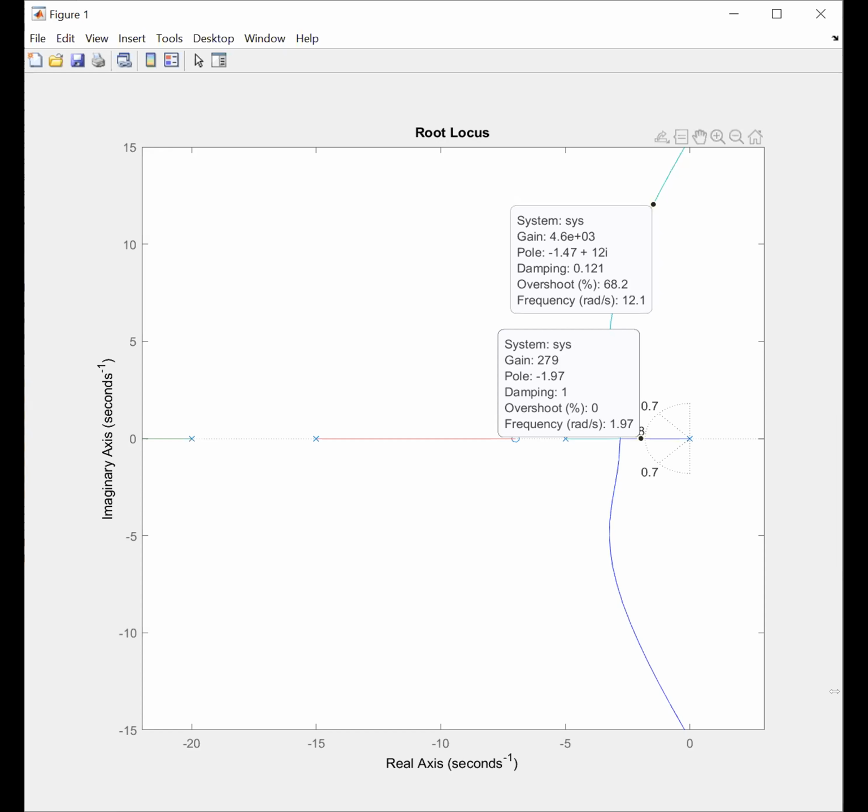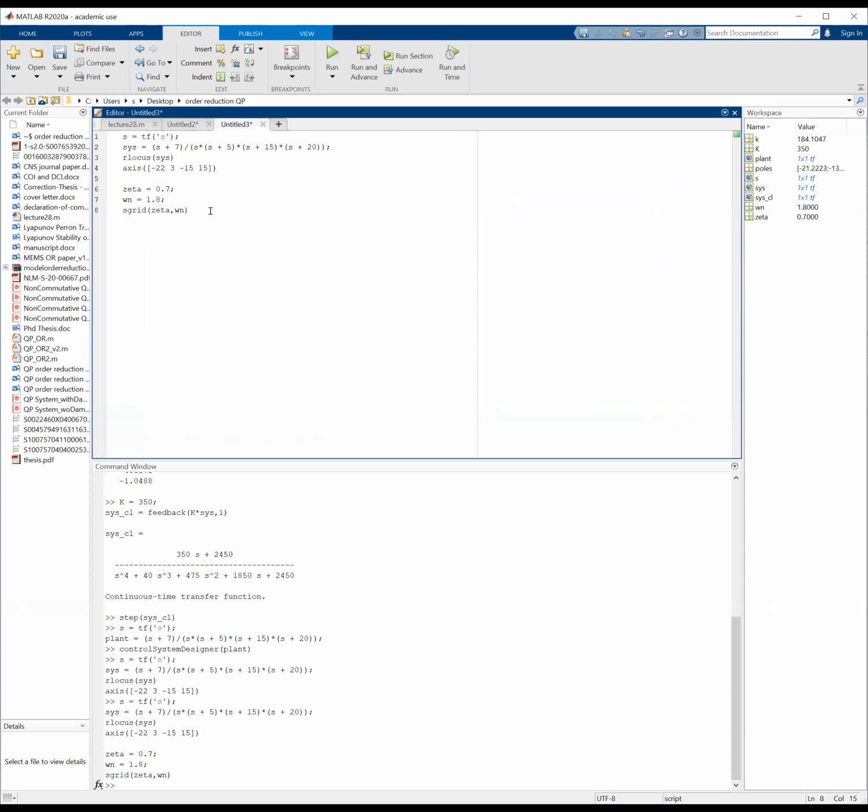Now, next part is important, and I'm going to go back to Matlab. So what I want to do now is I want to look at the step response of open loop system. Now my open loop system is this. So this is open loop system.